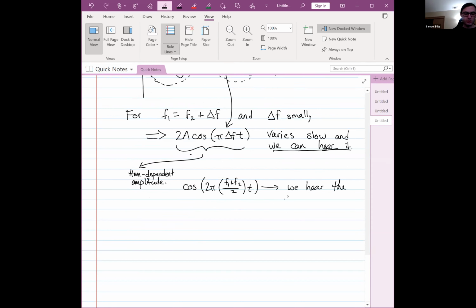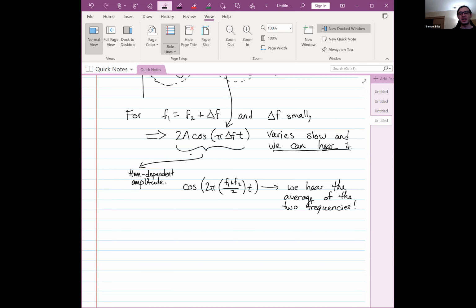So we hear the average of the two frequencies, which is kind of what we heard, right? We didn't hear two different sounds. When the two waves were close to each other, it just sounded like one tone, but with its volume changing. And that tone that we heard was actually the average of the two tones. If you could match it up with the average of two tones, they would sound the same.